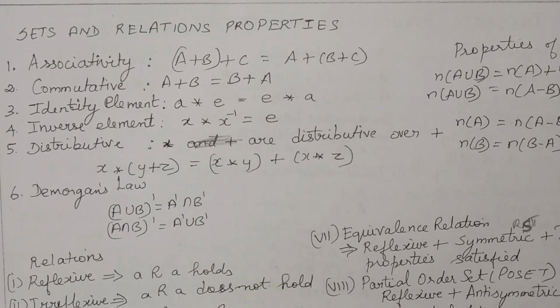Now sets and relations properties. Associative means (A plus B) plus C is A plus (B plus C). Commutative means A plus B equal to B plus A. Identity element is A star E equal to E star A, where E is the identity element.